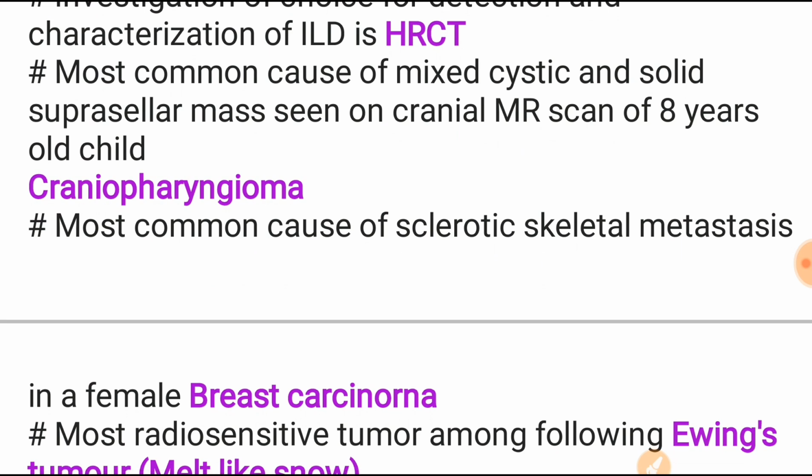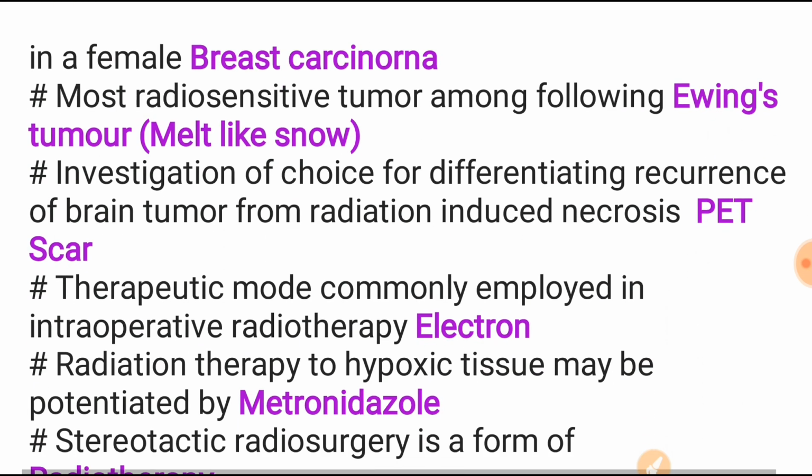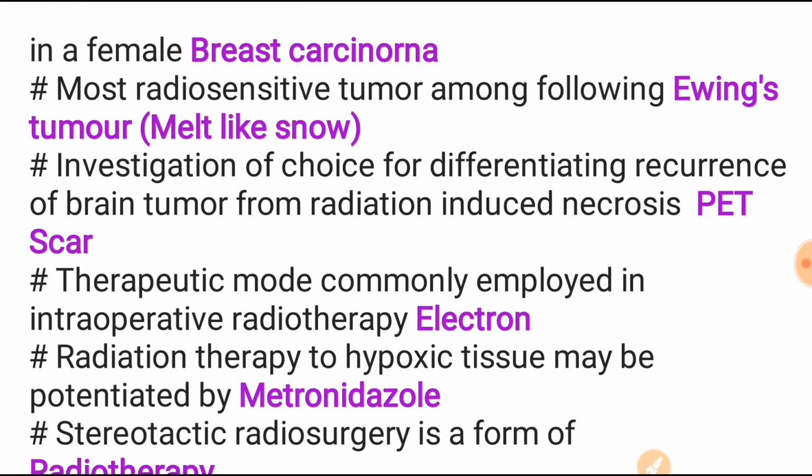Most common cause of sclerotic skeletal metastasis in a female is breast carcinoma. Most radiosensitive tumor among the following will be Ewing sarcoma, already melts like snow. Investigation of choice for differentiating recurrence of breast tumor from radiation-induced necrosis will be PET scan.